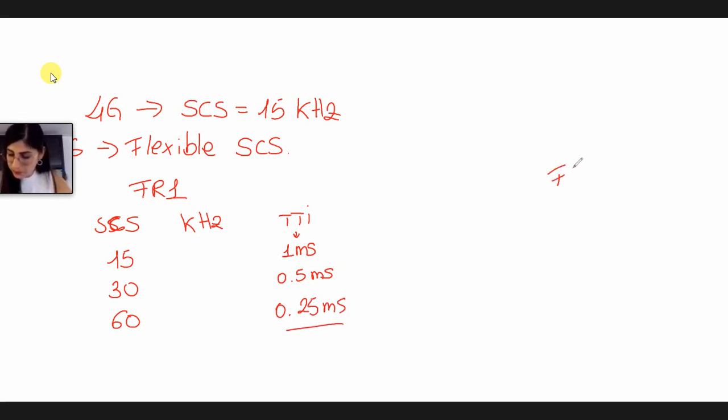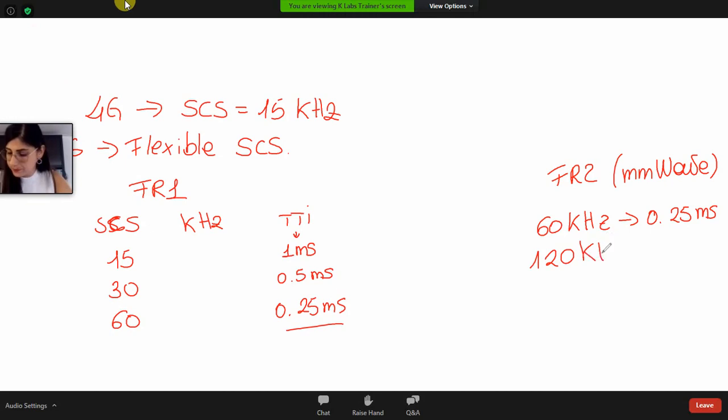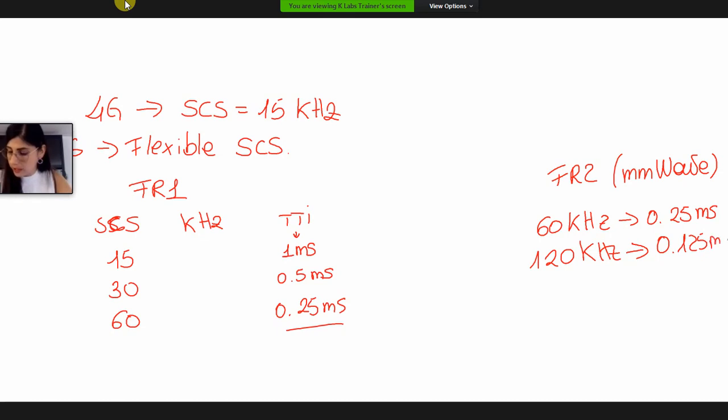In FR2, so at the millimeter wave, we can support 60 kilohertz, again with a TTI of 0.25 milliseconds, or we can also support 120 kilohertz, so we have a TTI of 0.125 milliseconds. The default sub-carrier spacing at the moment, the one that basically all the operators are using, is 30 kilohertz.